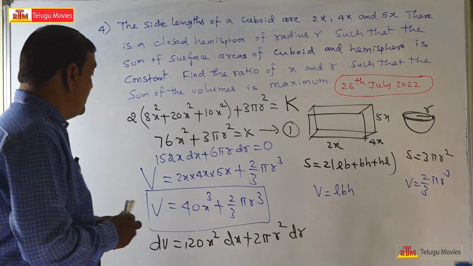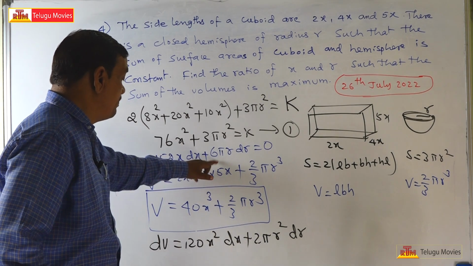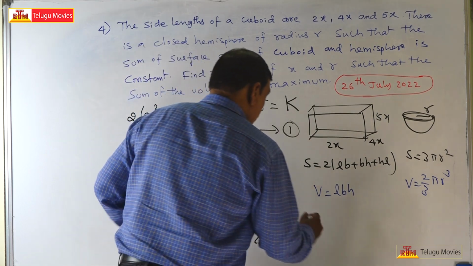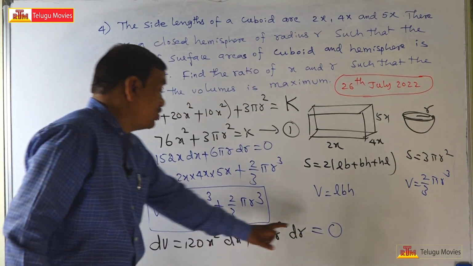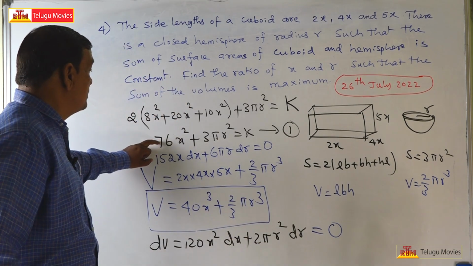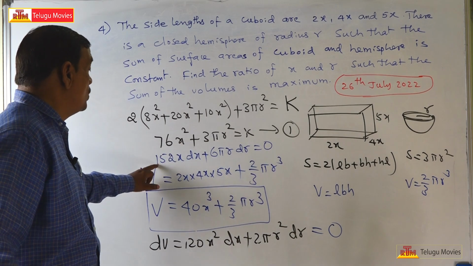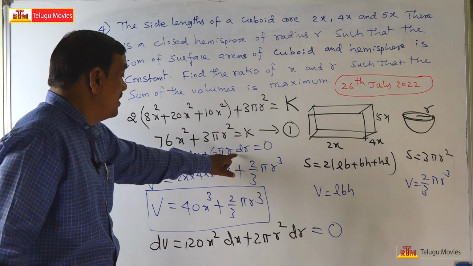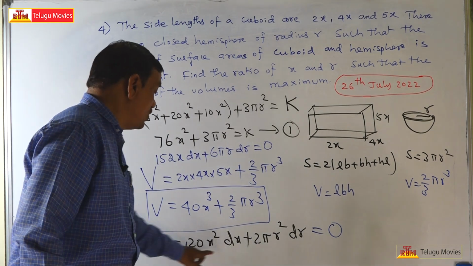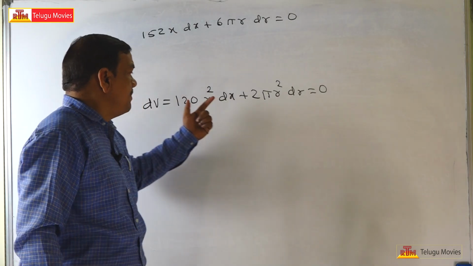For maximize and minimize, the first derivative should be equal to 0. So here can I take any more cancellation? We will do it and continue the solution. So this is the maximize function.